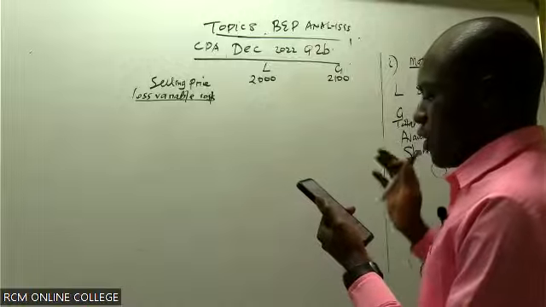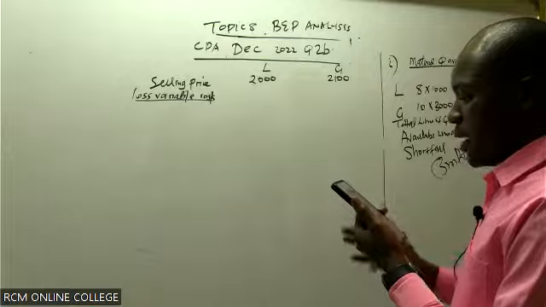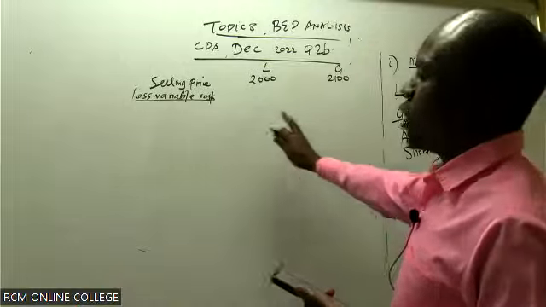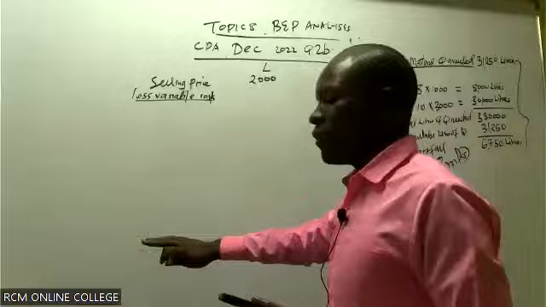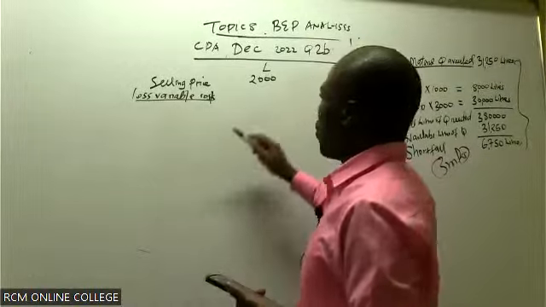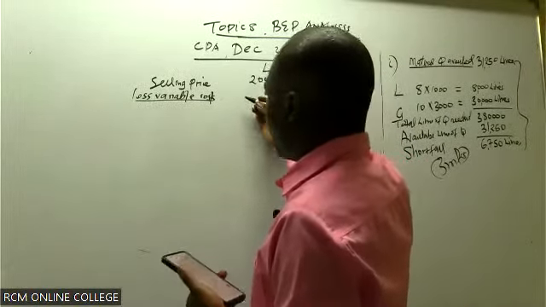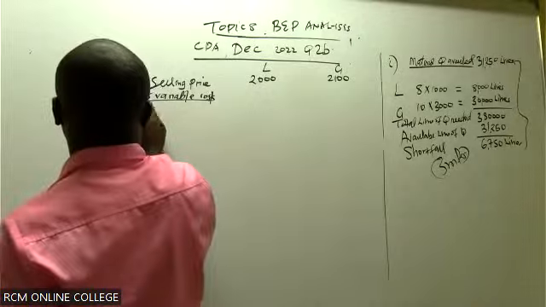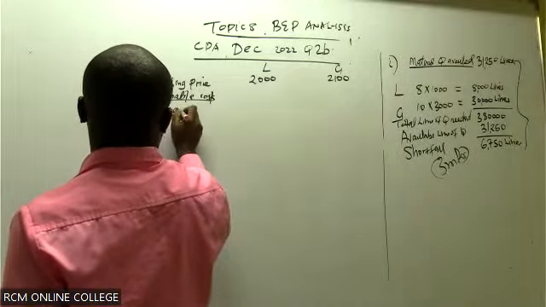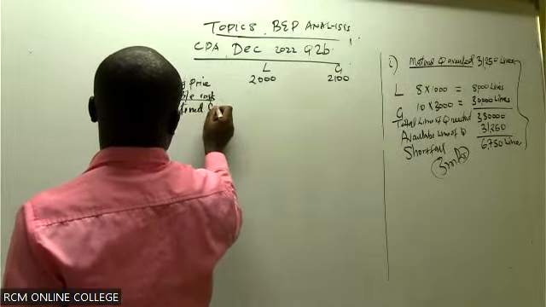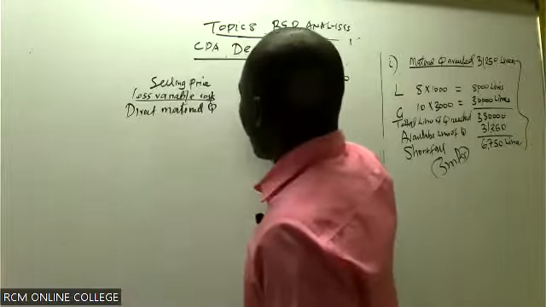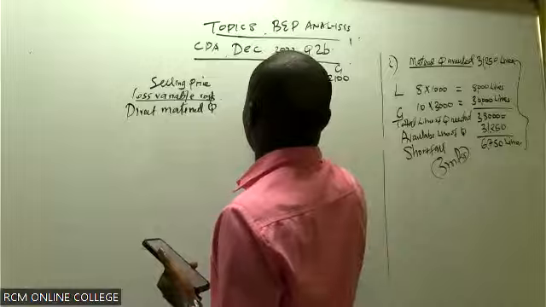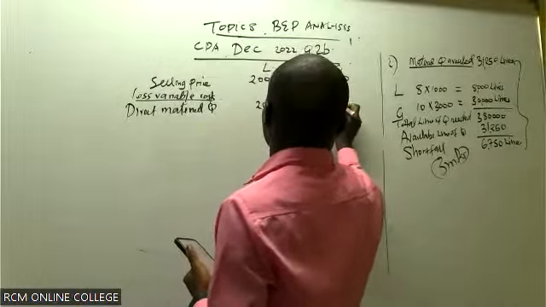Roman 2, the optimal production mix based on the priority ranking. That's when you get to this part, up to the point of doing ranking. So, less variable cost. One of the variable costs we have there is direct material Q. For them to produce 1 unit of L, they are going to spend a total of 250.